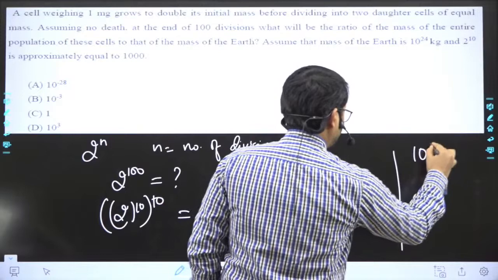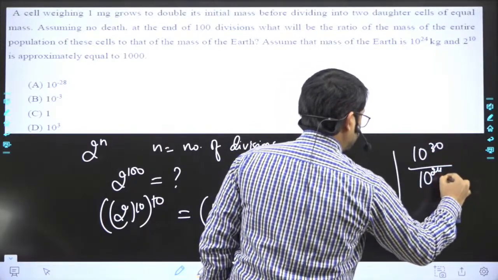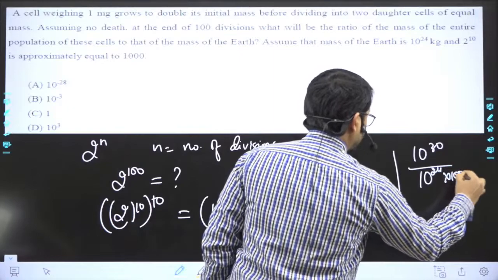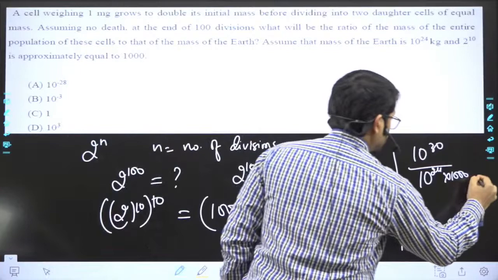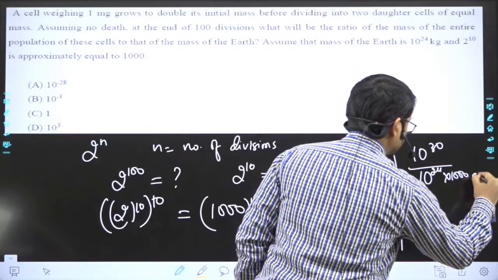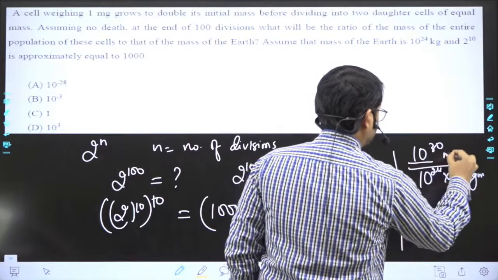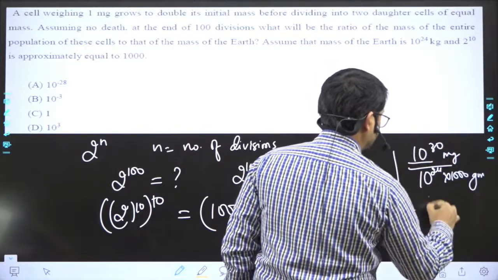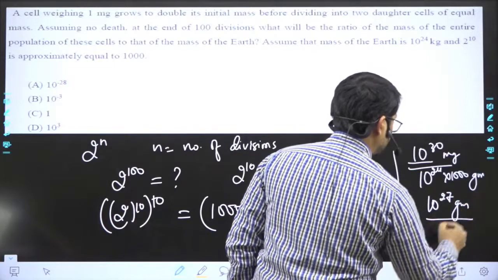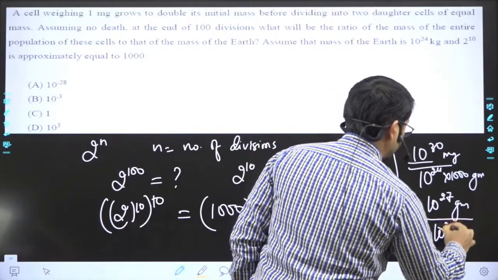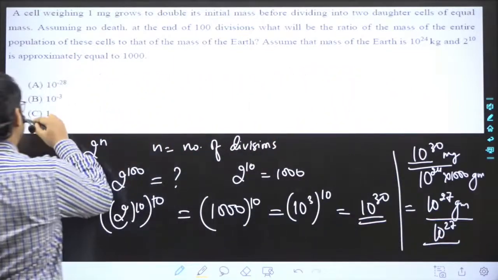So we have 10 to power 30 upon 10 to power 24 into 1000. Why? Because that has been given in kg, and this is now in gram, and this is in milligram. So how much will this be? 10 to power 27 gram, and this will be 10 to power 27. So the answer will be C.